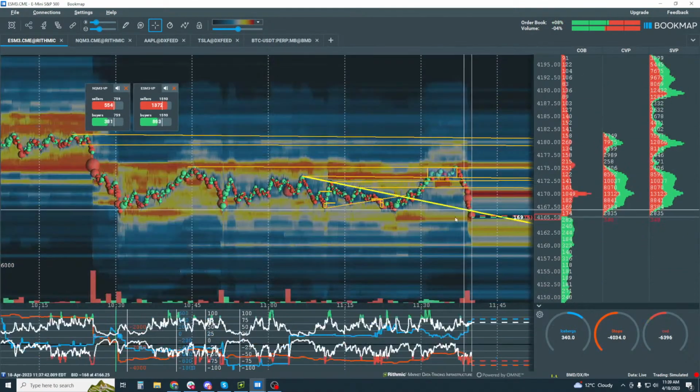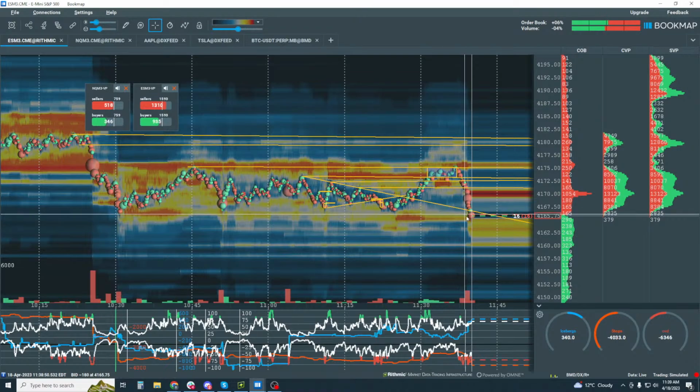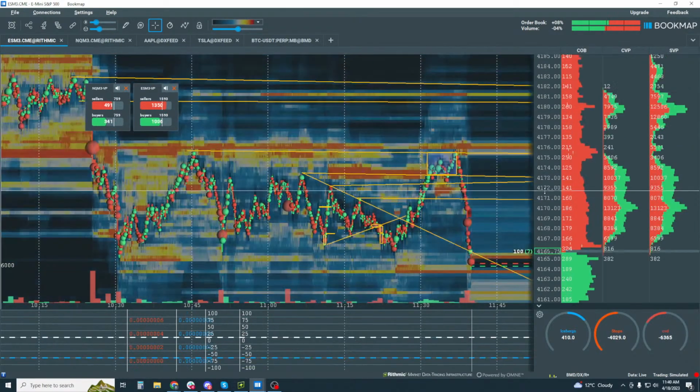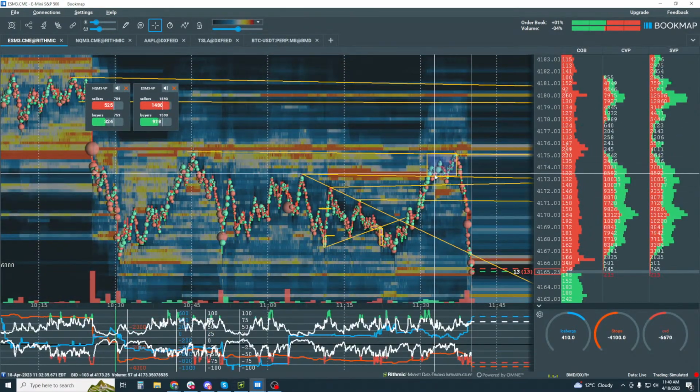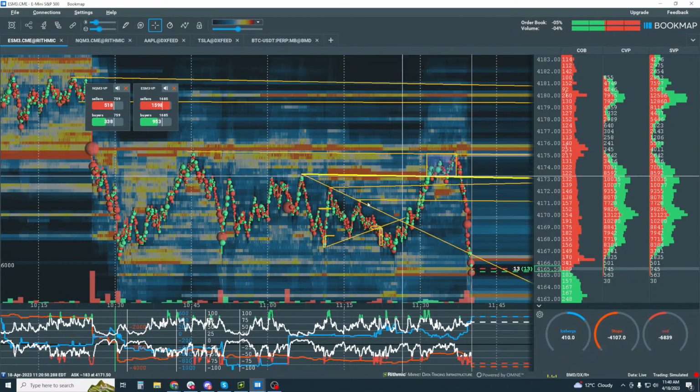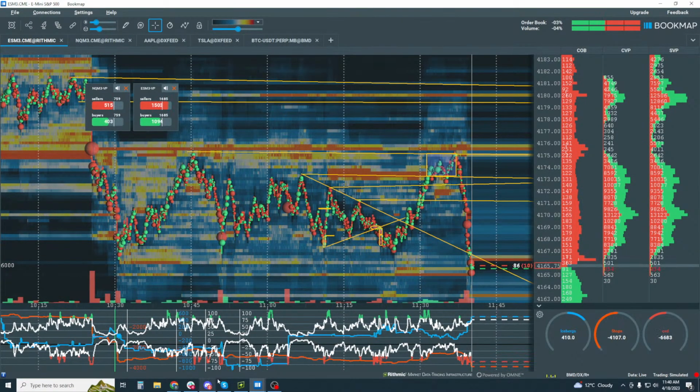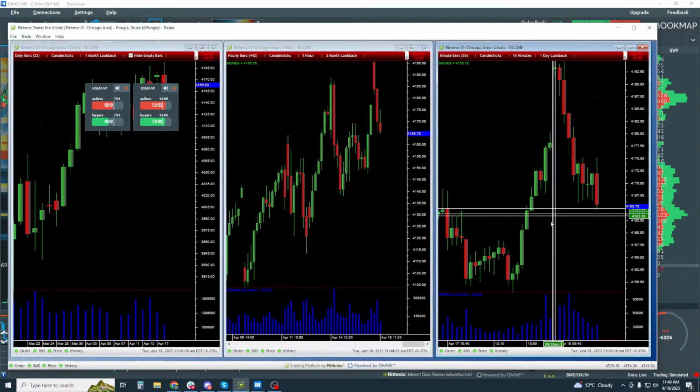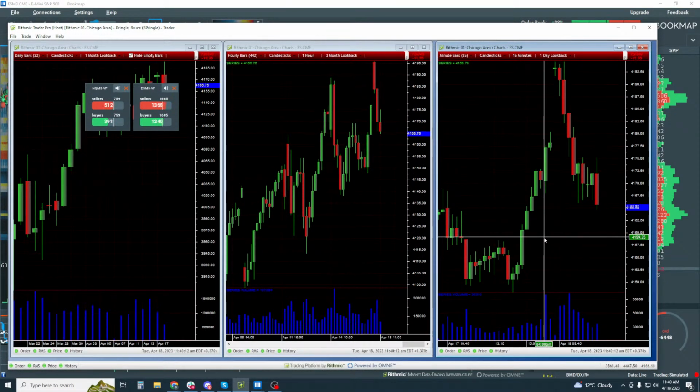So I'm looking for sellers to take this lower. I believe this is the trap here on the higher time frame. So where might traders be able to take it? Might be down to here, around 60, 58.